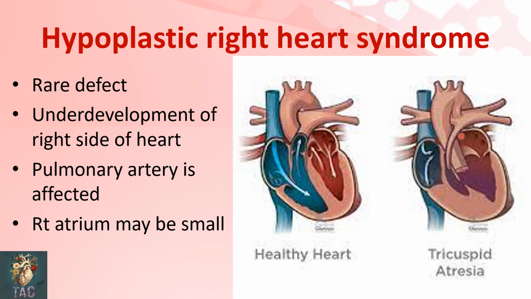Basically, the pulmonary artery is also affected. Either there is atresia of the pulmonary artery, or there may be stenosis of the pulmonary artery, underdevelopment of the right ventricle, and the right atrium may be small. There may be a ventricular septal defect as well. So this is hypoplastic right heart syndrome.